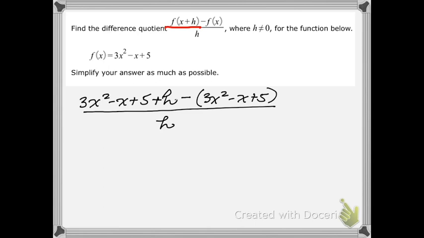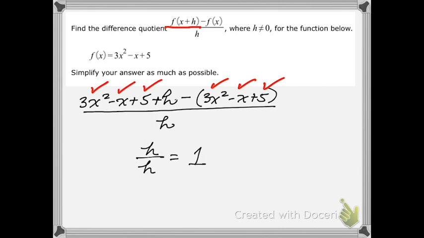So watch this. 3x squared, and then here I've got a minus 3x squared, so that zeroes out. Minus x, and then here I've got negative x, that's plus x, so that zeroes out. Plus 5, and then here I've got minus 5, that zeroes out. And what does that leave us with? That leaves us with h over h, which is equal to 1.